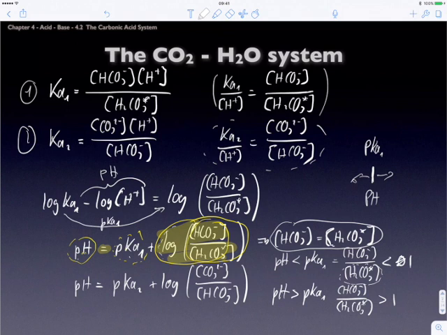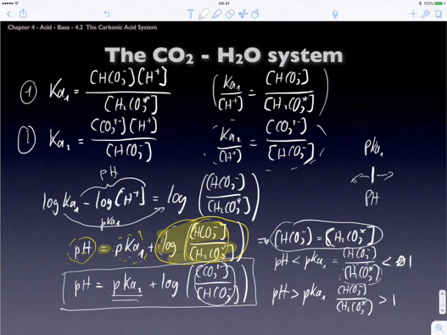You can do exactly the same for this pKa. When pH is equal to pKa2, the two species carbonate and bicarbonate are equal, have the same value, because this has to be equal to 1. If the pH is smaller than pKa2, you will have more bicarbonate. If the pH is larger than pKa2, you will have more carbonate.